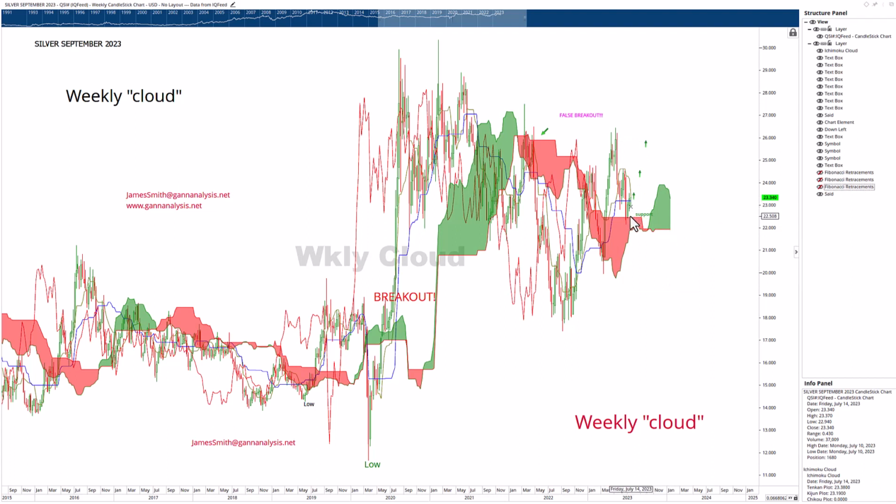We came back, found support at the upper band of the cloud, which is also a 50% retracement of a prior swing, setting up a big move up. Or at least in theory, that could be what happens. But again, never trade without a stop loss. Always be ready to get out of a losing trade quickly because you can always be wrong.